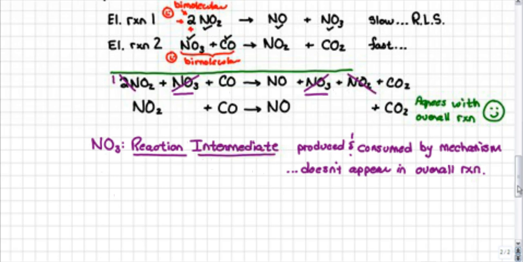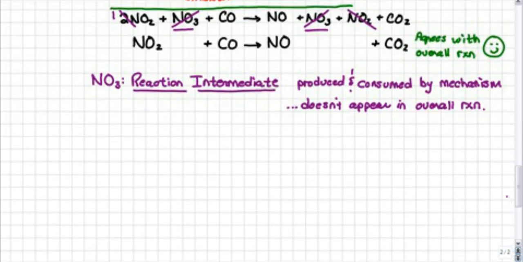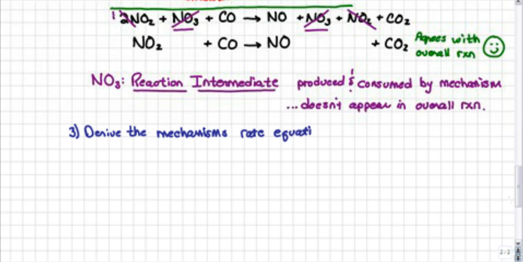The last thing that we need to do is evaluate the mechanism in terms of the predicted reaction rate equation. So I'll just rewrite that here and suggest that we need to derive the mechanism's rate equation. And this is actually something that's quite easy to do.